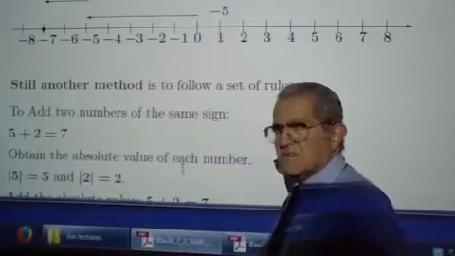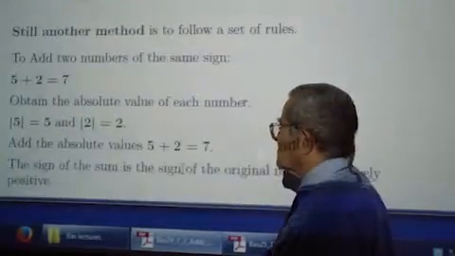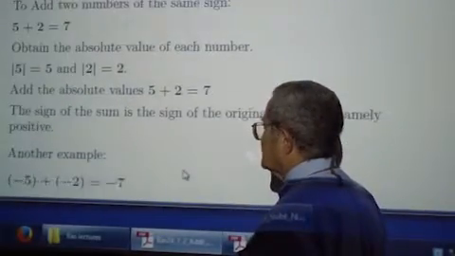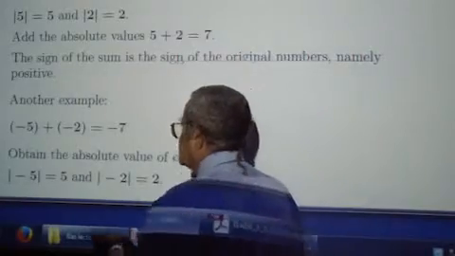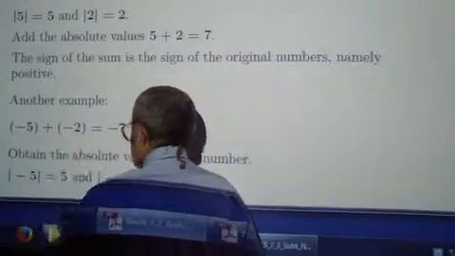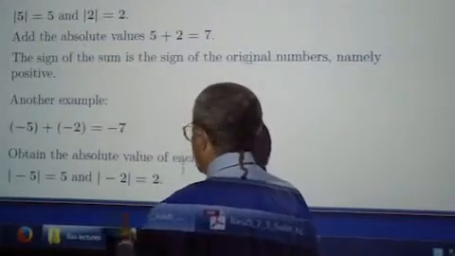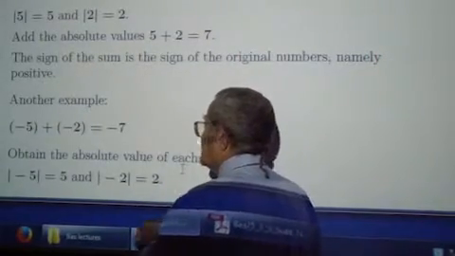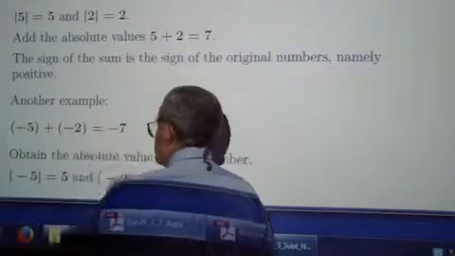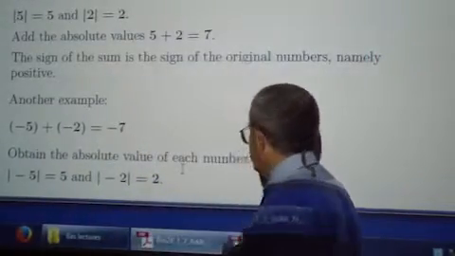Got it? And 2 negative numbers, absolute value of this, absolute value of that, so it's 5 and 2 for the absolute values. Add the absolute values, you get 7. The original numbers are negative, your result is negative, -7.